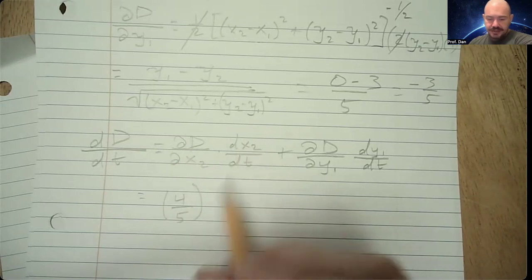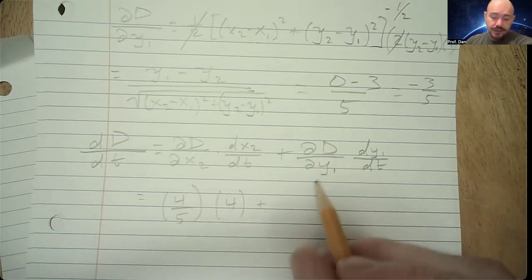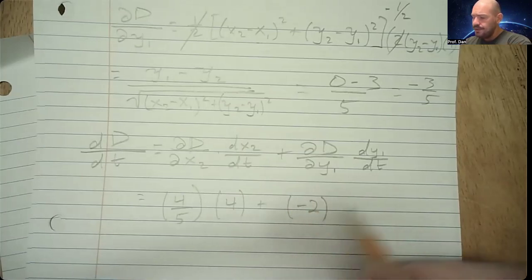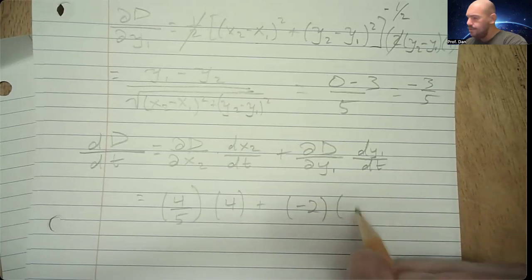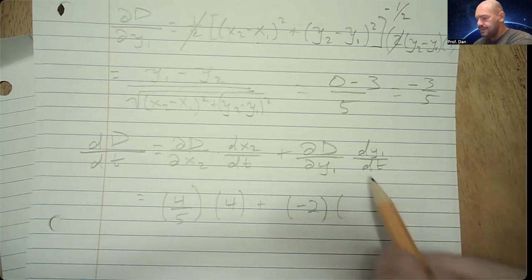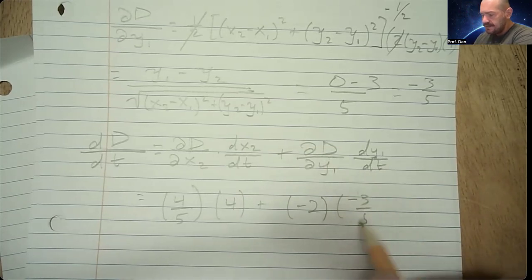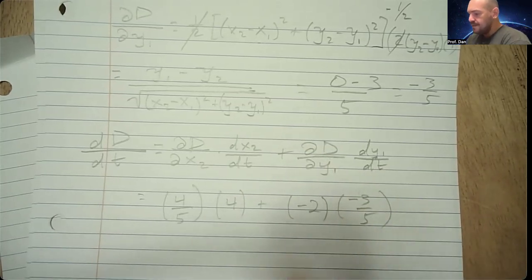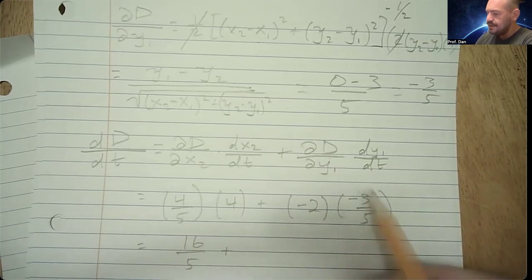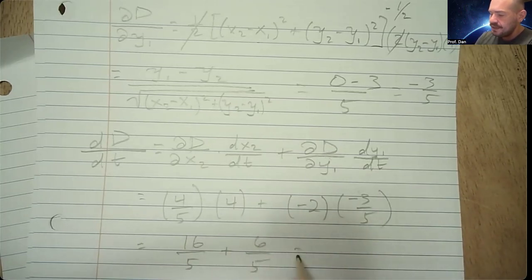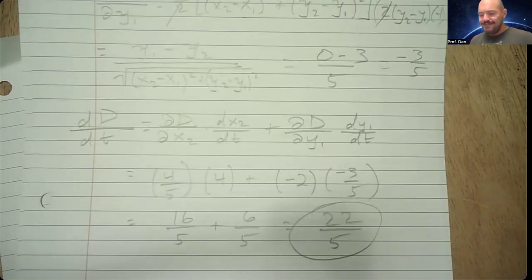We know that dx2/dt worked out to 4. Partial with respect to y1 worked out to -3/5, and dy1/dt worked out to, wait, no, that was actually this one. Right, so that's -2. This one is -3/5. Okay. So if I multiply all of these together, I get 16/5 plus 6/5, which gives me 22/5. And that's the answer. And that was a humdinger.